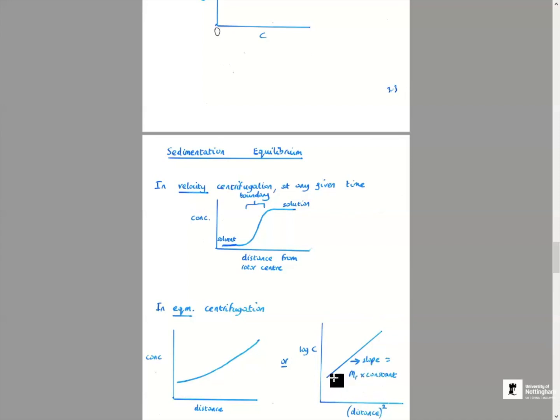And the slope of that plot equals the molecular weight times a constant, which depends on the rotor speed, the gas constant, the temperature, and so on.